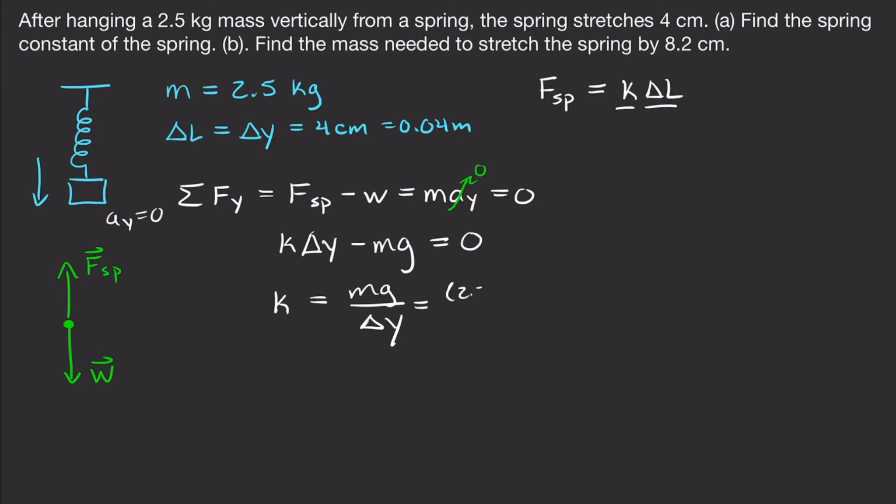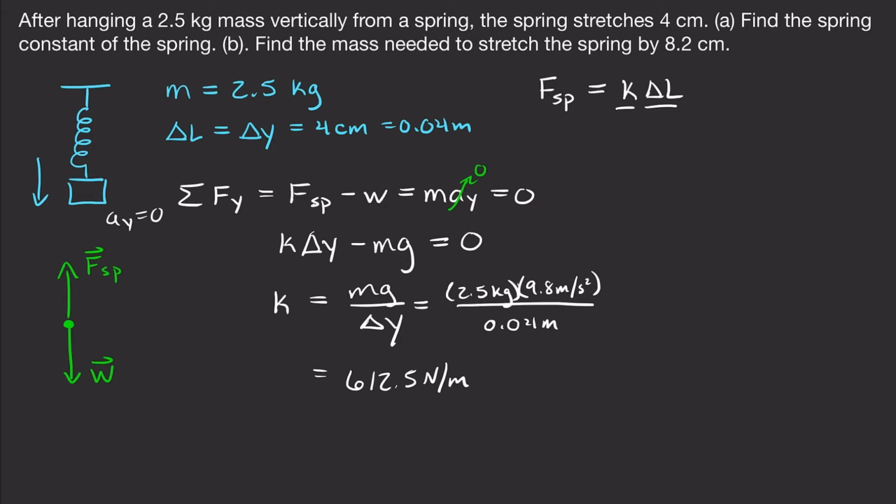If I plug these numbers in, I get 2.5 kilograms times 9.8 meters per second squared, all over 0.04 meters. And if you plug that in, you should get 612.5 newtons per meter.